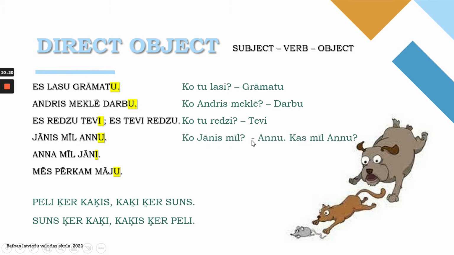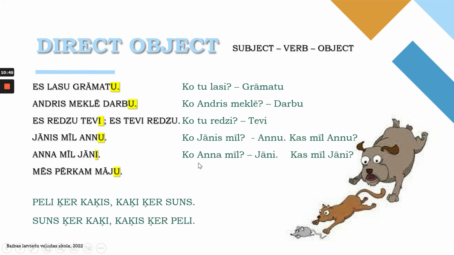Ko Jānis mīl? As you know, Jānis mīl Annu. Annu is the right answer. But if I change the question word to kas, which also means what and who, then the question is, who loves Anna? And the answer would be Jānis.